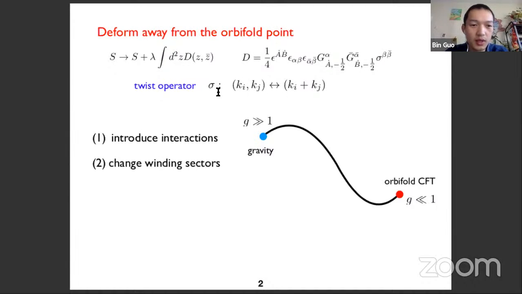During this process, we can introduce interactions between them. And we can also change the winding sectors. In the following, we will see how to use these two effects. We will work near the orbifold CFT point and perturb it away slightly, to see if we can understand something in the gravity.